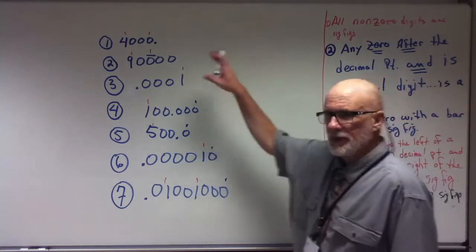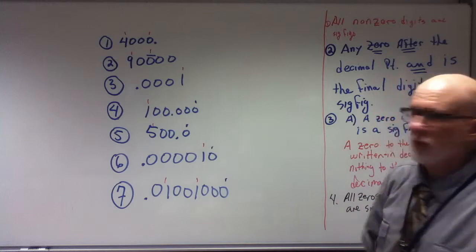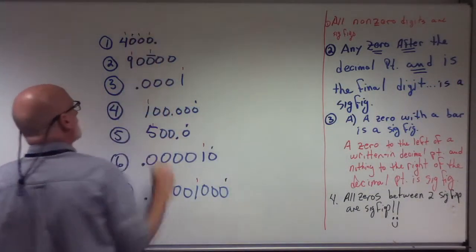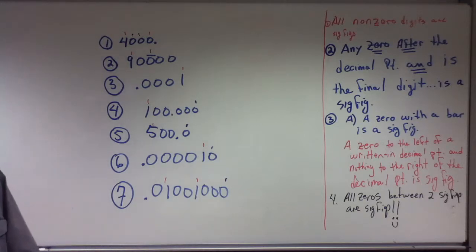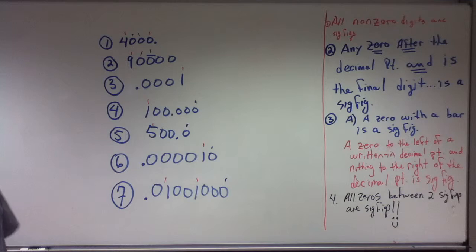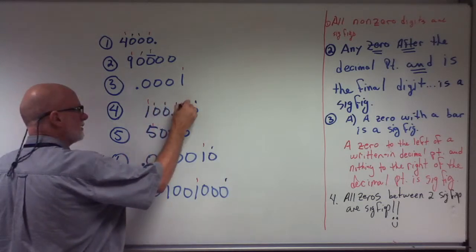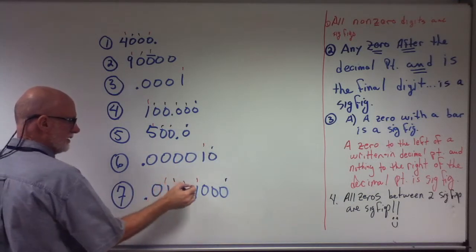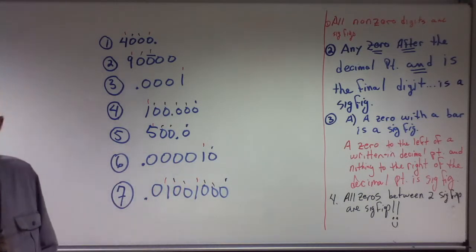Does that include any up here? Yeah. Number 1, certainly, yeah. Number 2? Absolutely. Number 3? Nope. Number 4? Yeah. Number 5? Yeah. Number 6? No. Number 7? Okay.